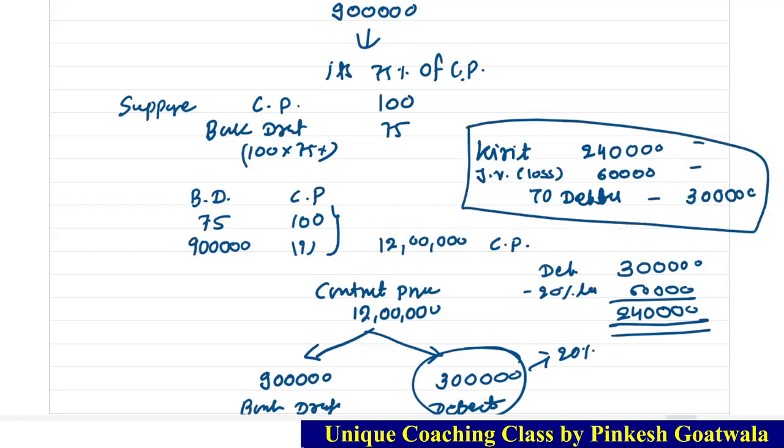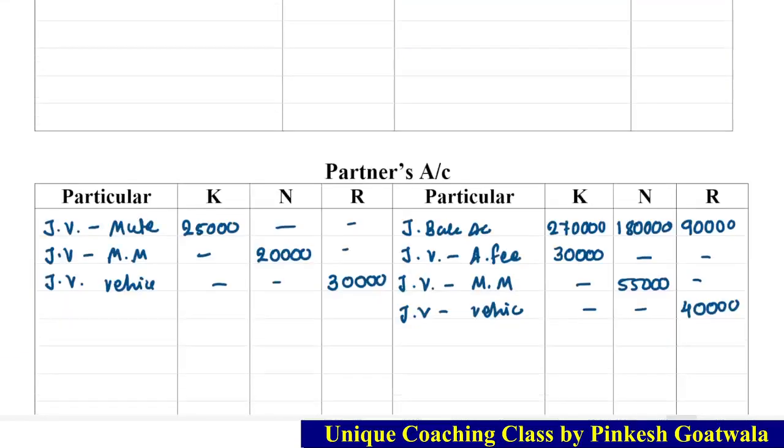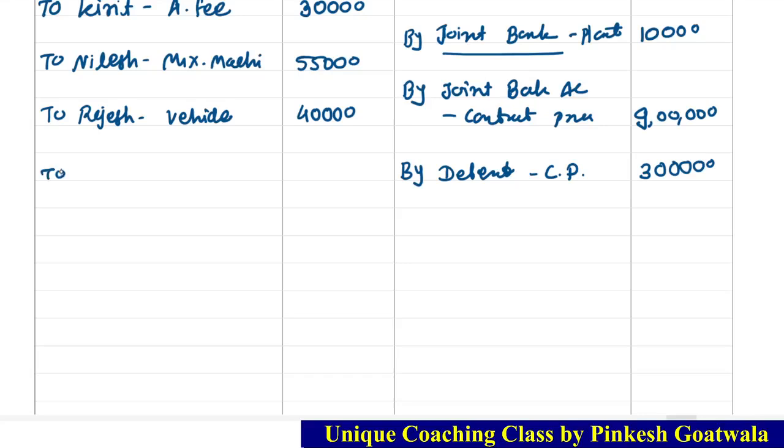Okay, the same point as in the previous video. So Kirit debit, joint venture debit. Okay, Kirit account debit side, debenture 240. Joint venture debit side to debenture, less price or loss.